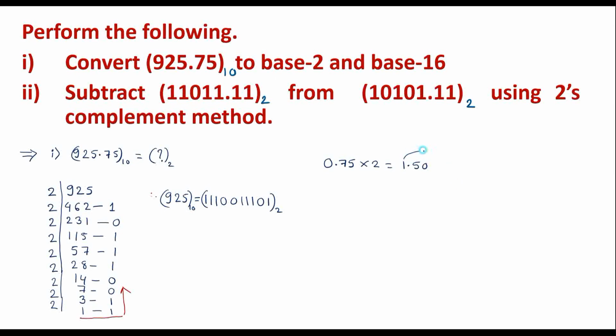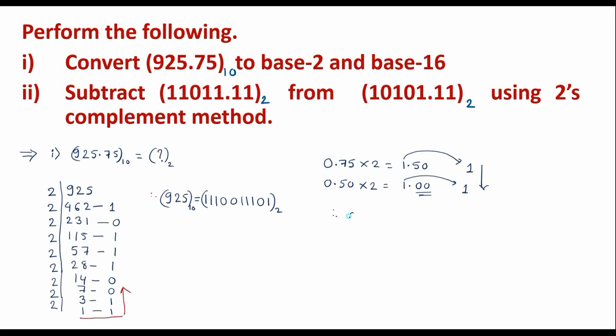Now restore this 1, I will write it as 1 here. Now take the remaining number, that is 0.50, multiply this by 2 again, we'll get 1.00. We'll note this 1 here. Further, if you multiply 0.00 by 2, the result will be 0. Now we have to stop the process and represent these numbers in top to bottom fashion.